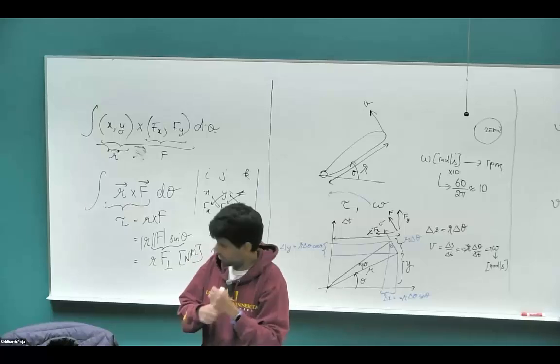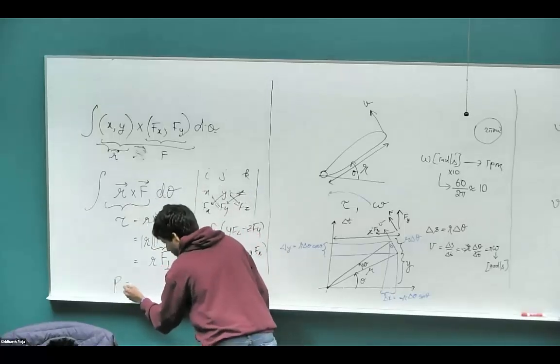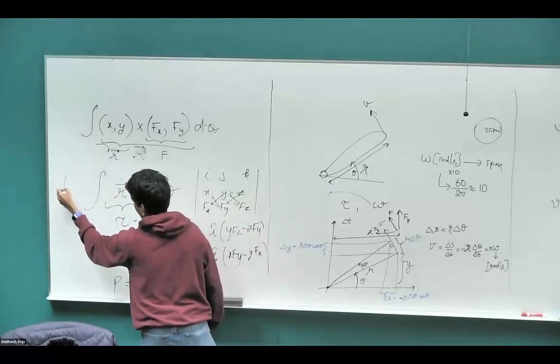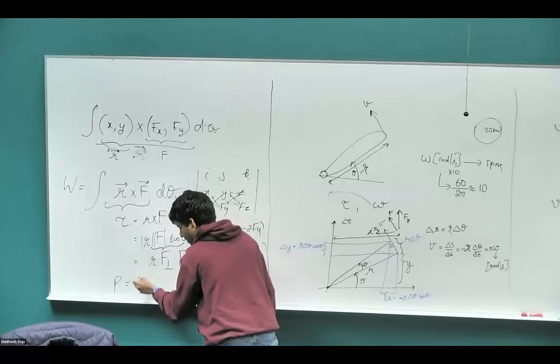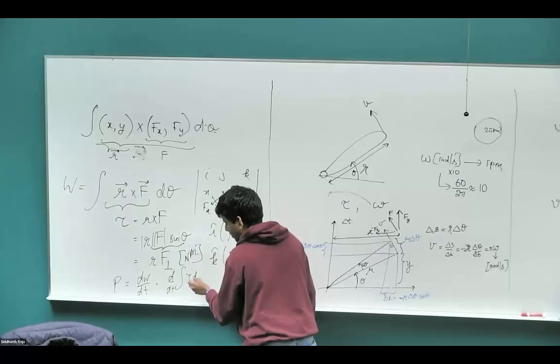Great. So while we are on the topic of torque, let's complete the last expression. This is our definition for power. Right? So, sorry, energy. Power itself was dW by dt. So we have d by dt of the integral of tau d theta.